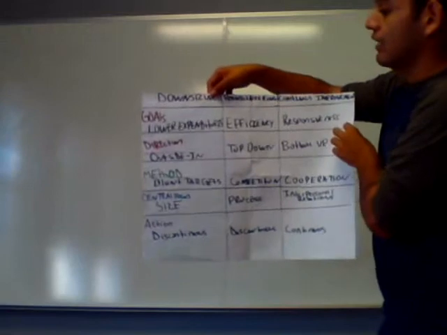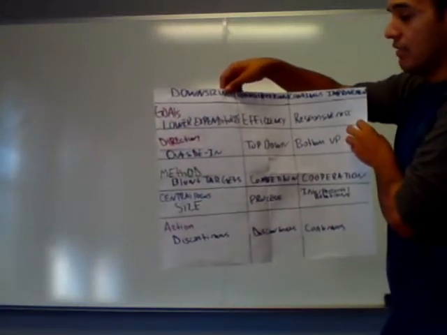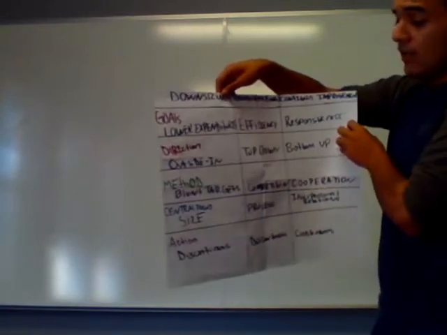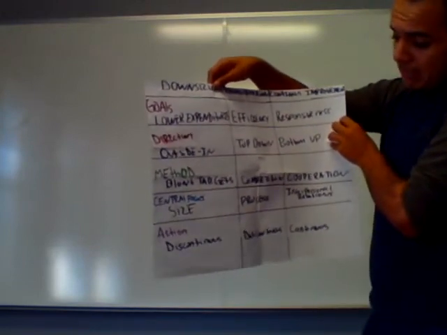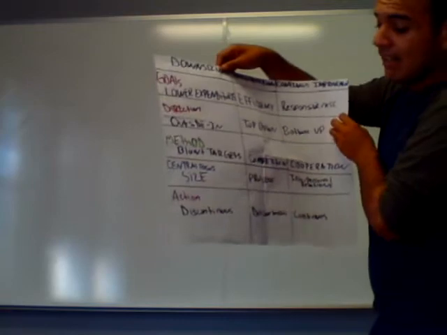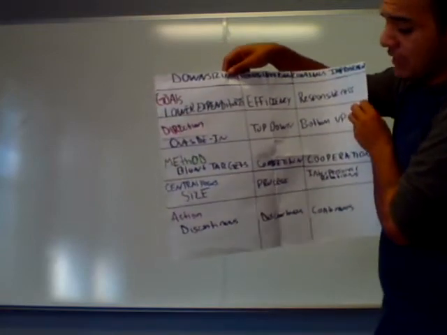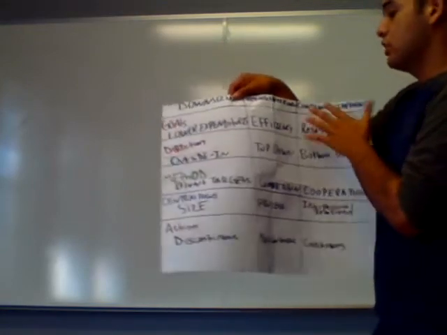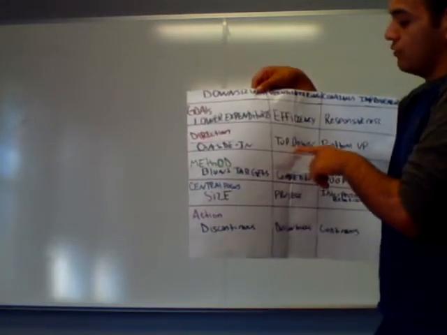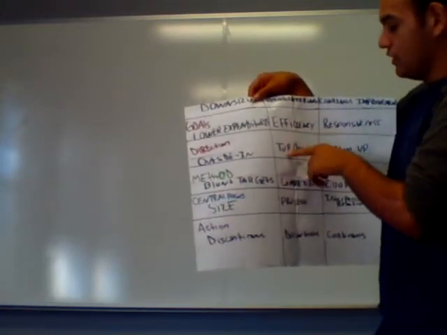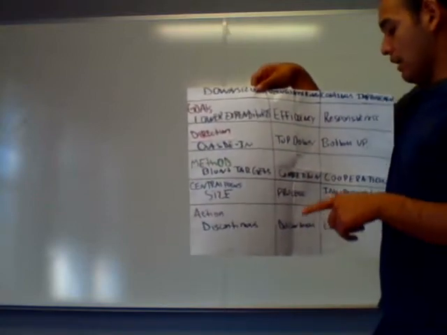Okay, downsizing. The goal of downsizing is lower expenditures, the direction is outside in, the method is blunt targets, the central focus is size, and the action is discontinuous. Reengineering. Efficiency, that's the goal. The direction to get efficiency is from top down.